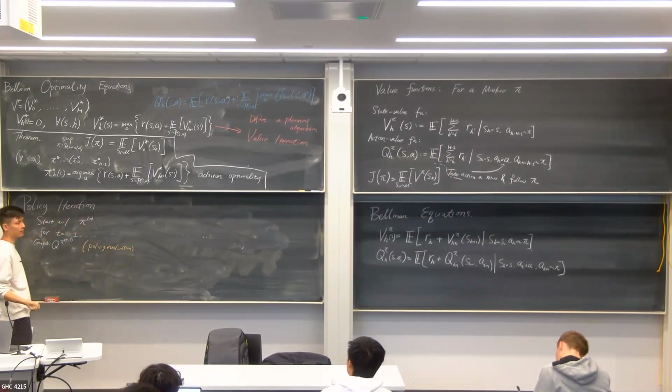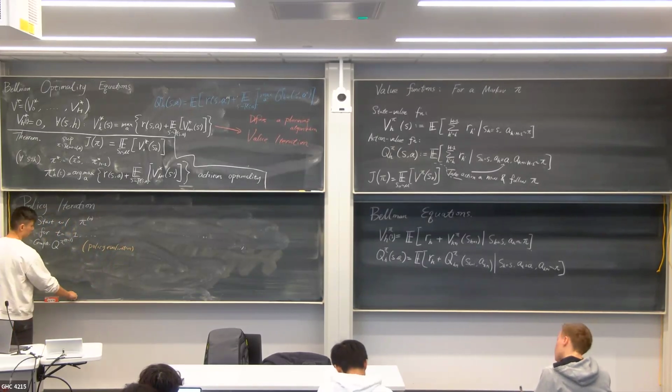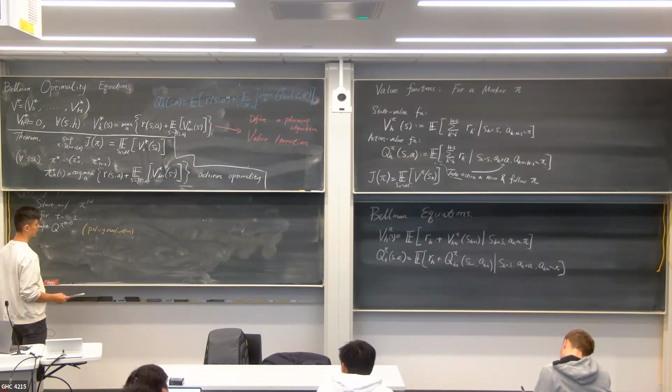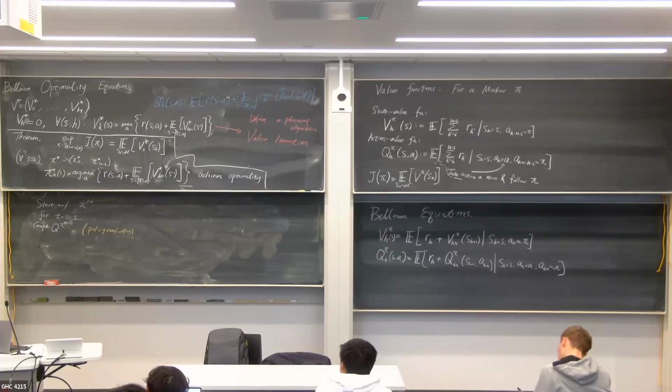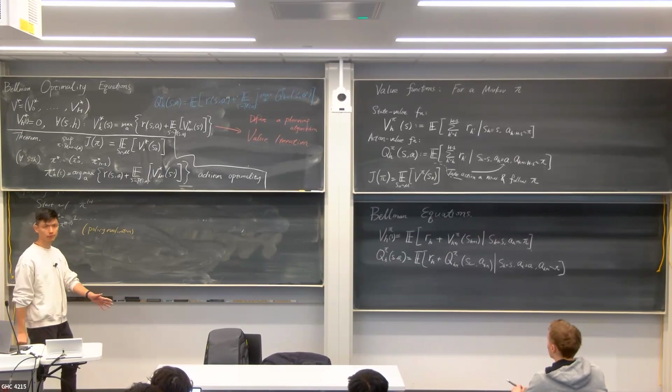I have some candidate policy, I don't know how good it is. Let's evaluate the action value function for this policy. There are different ways to do it. Actually, how would you do it? I have some policy that defines how to make a decision at every state, every time step. I'm going to fill in, similarly, a table.